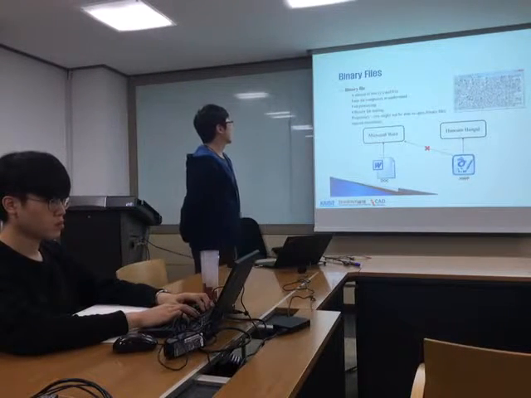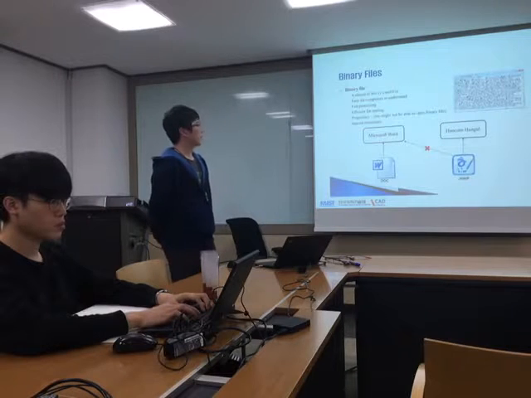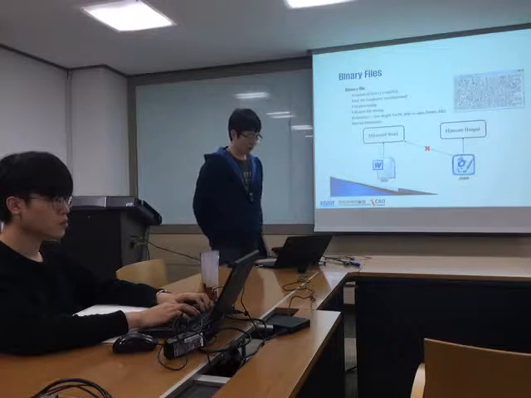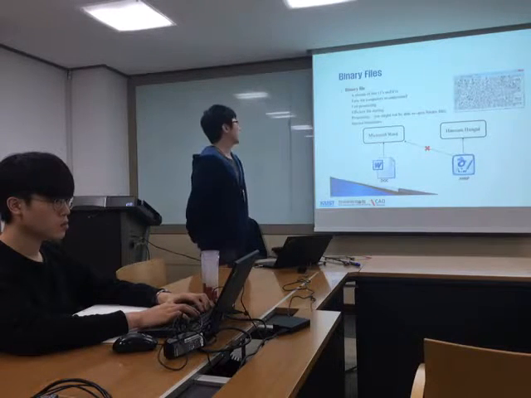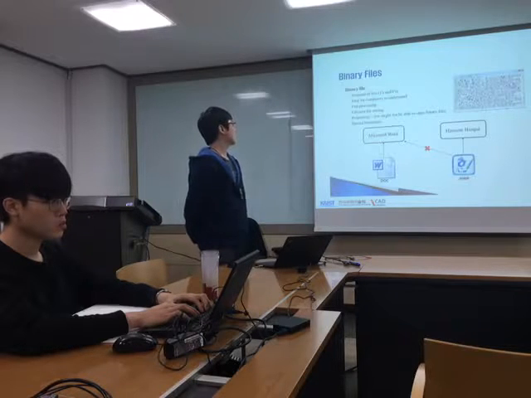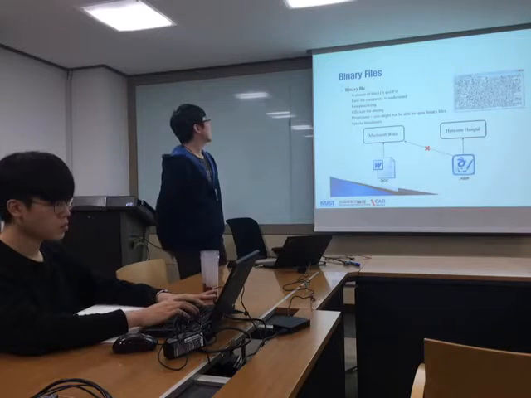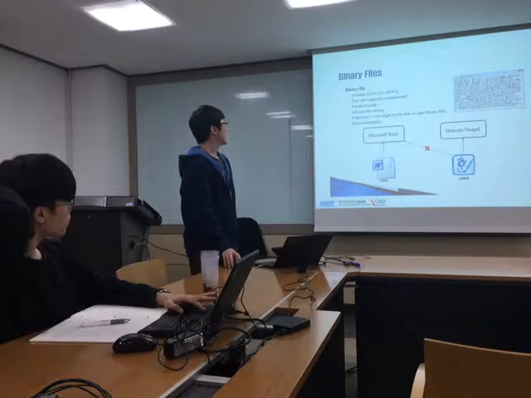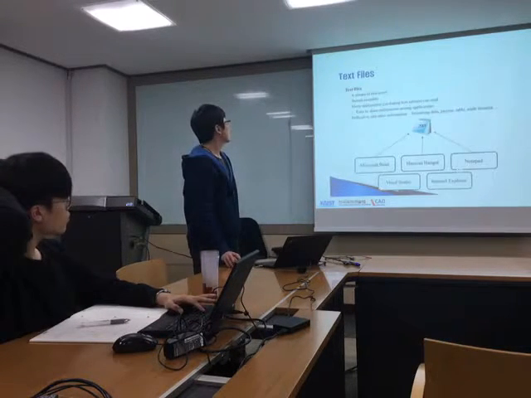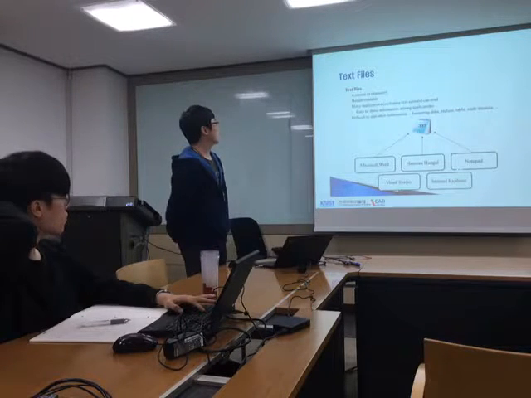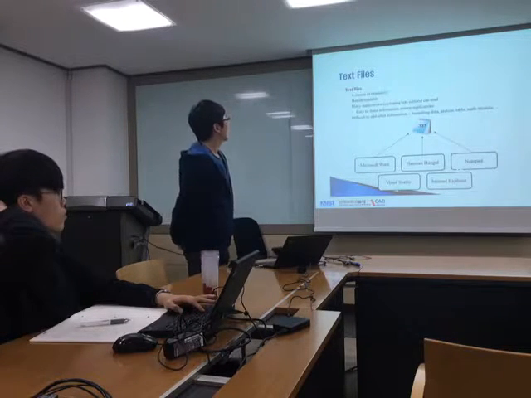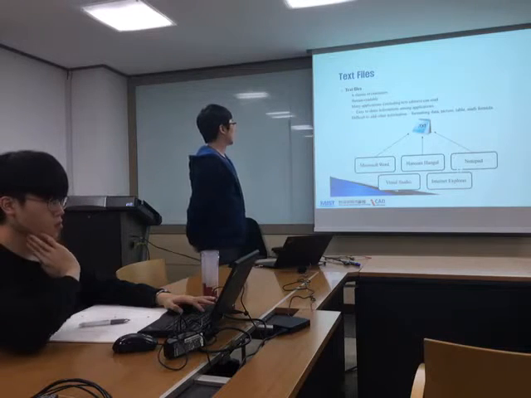A binary file is a stream of bits, and it is easy for computers to understand and can be best processed. Next is the text file. It is a human readable file, and it has many applications.